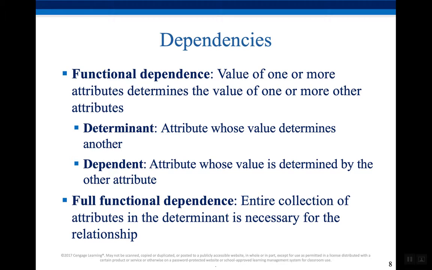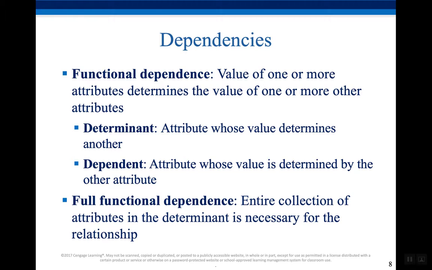Also, there's a concept called dependencies, which is related to that. Basically, the value of one attribute will also determine the values of others. All right. That's what we refer to as a functional dependence. And those are broken down into two things.